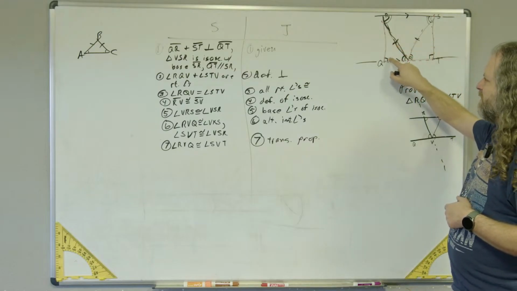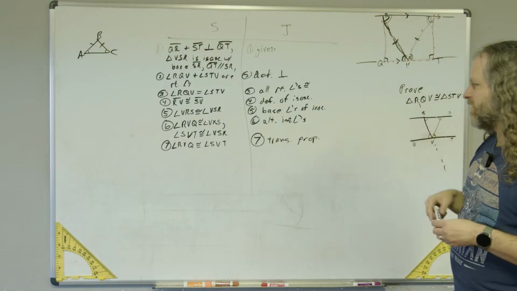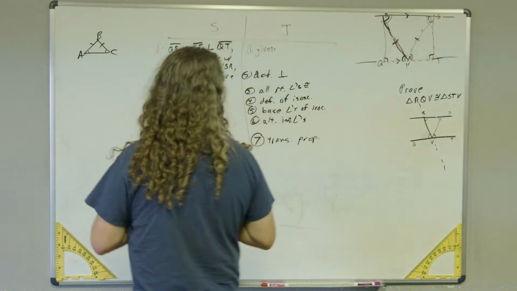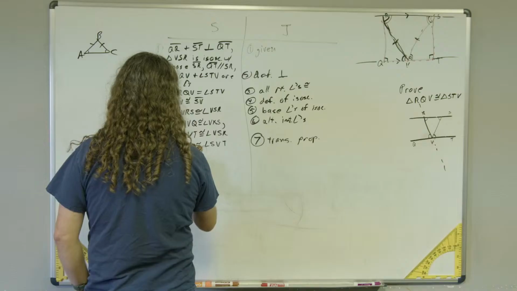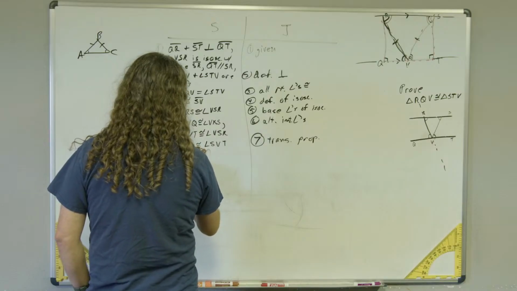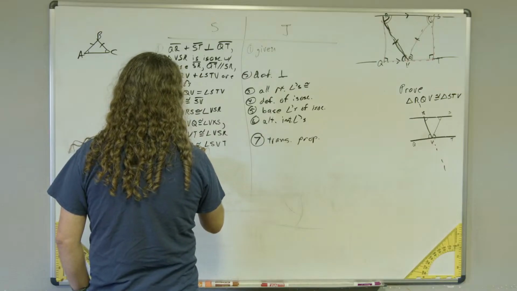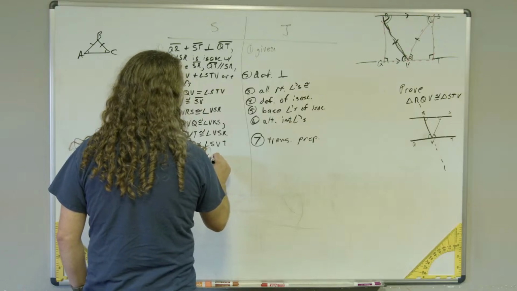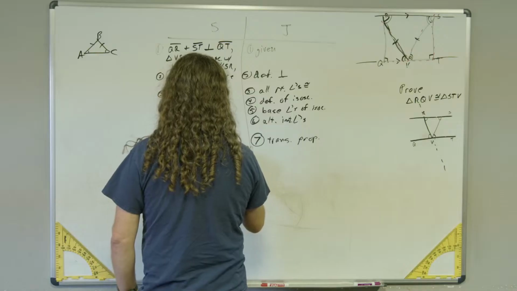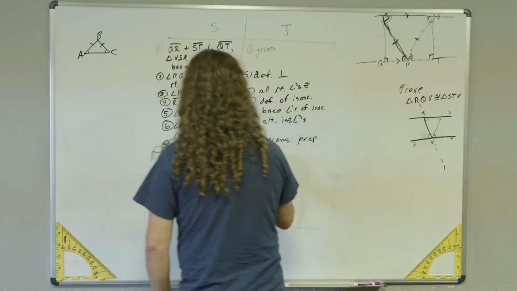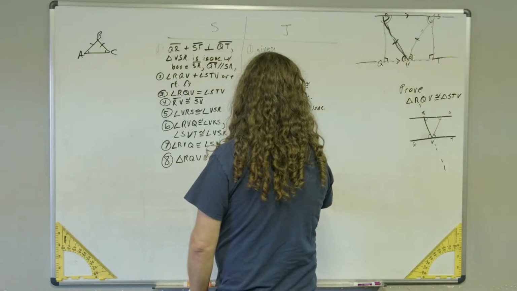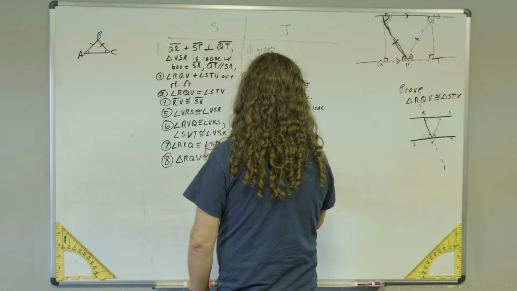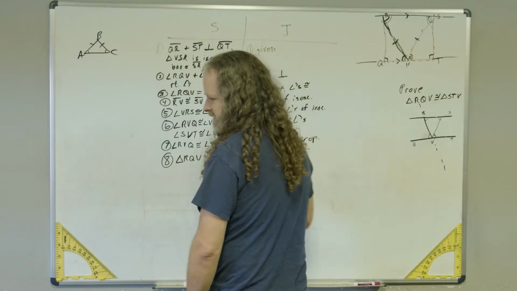But I've got two angles. Angle, angle, side. Triangle RQV is congruent to triangle STV because of angle, angle, side.